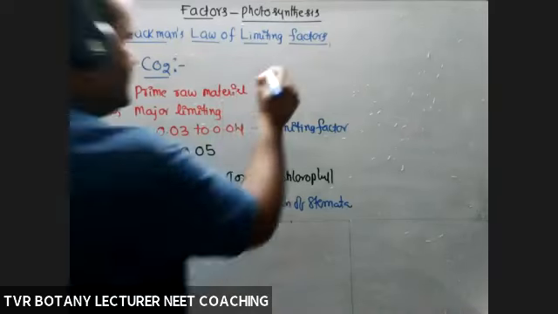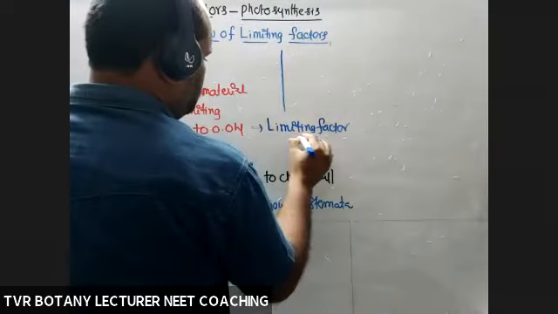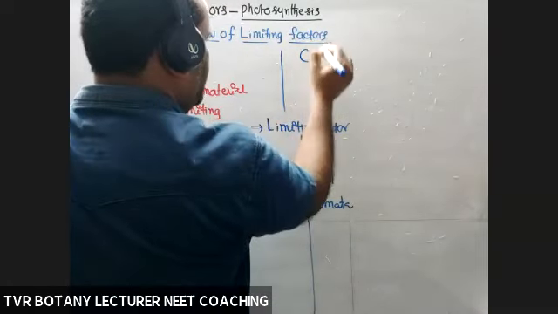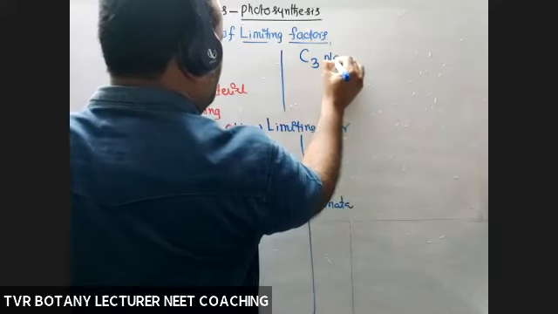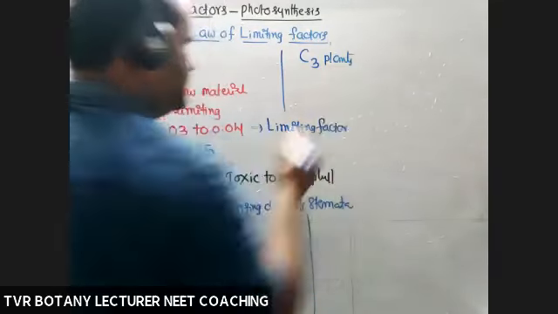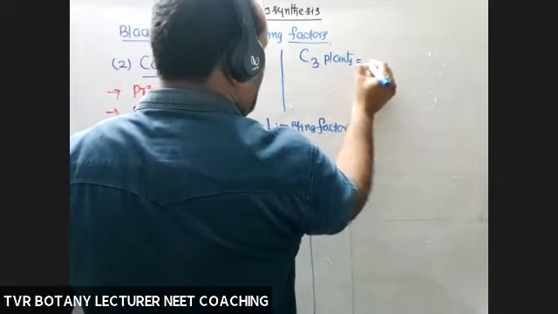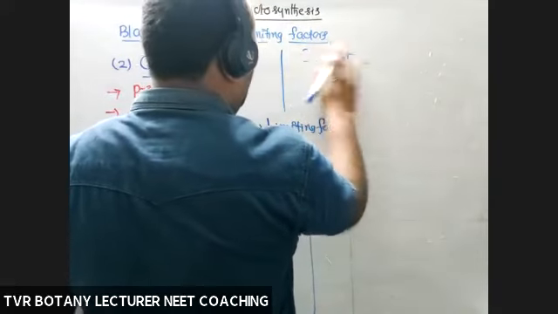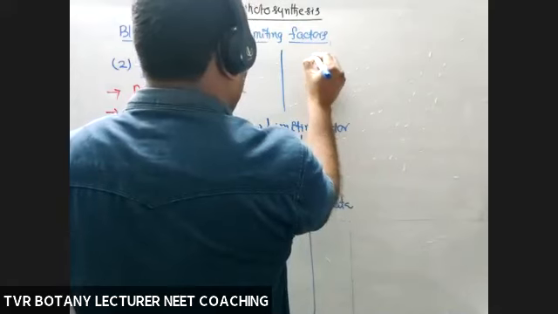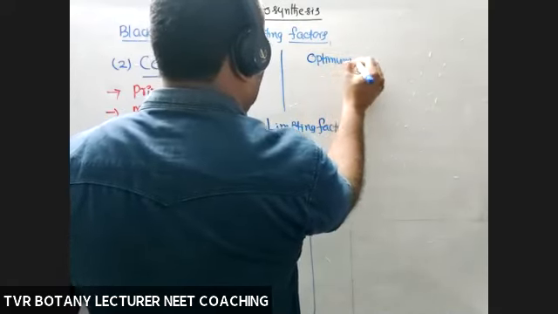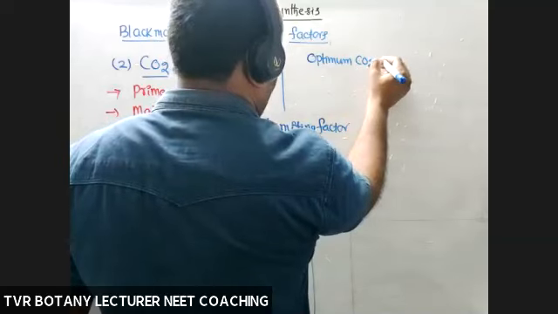So here I'm taking C3 plants. In C3 plants, what about the optimum concentration of CO2?